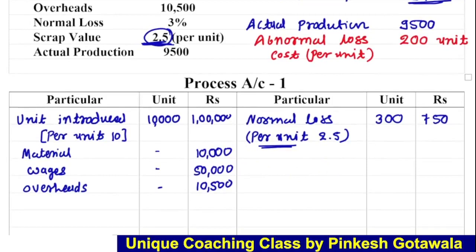Give the entry but later on, not right now. When we get this per unit cost, then give the entry of abnormal loss. So how do we find out this cost?